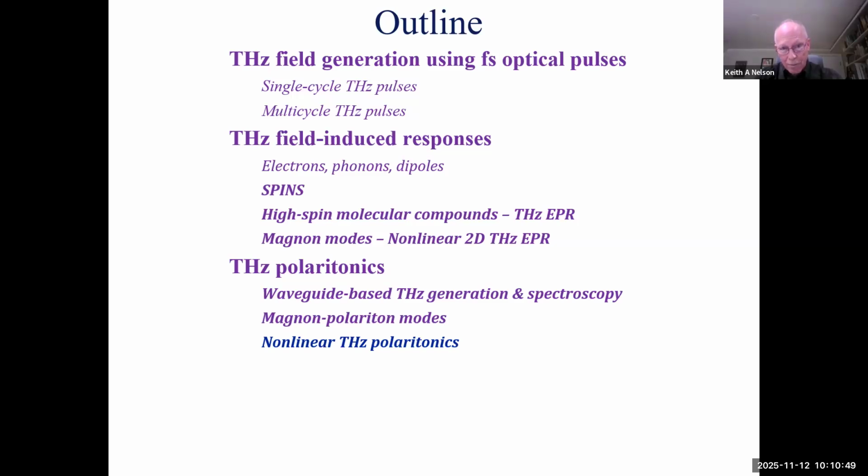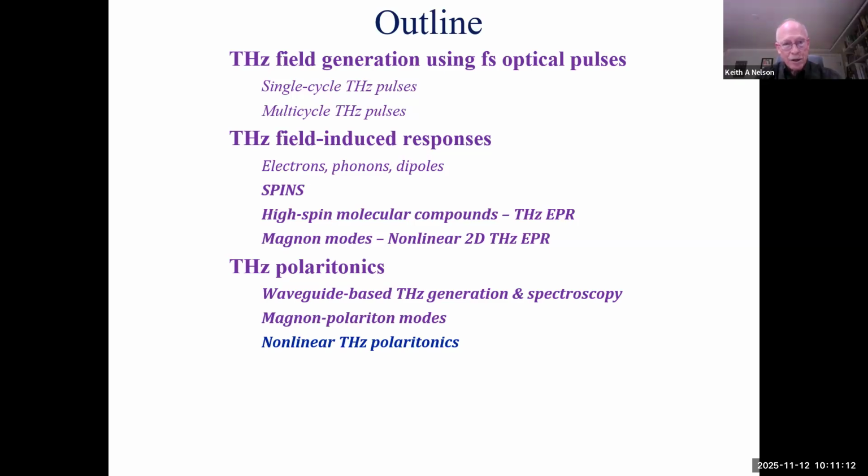We generate terahertz fields in a nonlinear medium and in the form of a terahertz waveguide, and all of the terahertz generation, propagation, measurement, interaction with the sample, everything takes place there without ever leaving it to go out into free space, and that can facilitate measurements in a lot of ways.